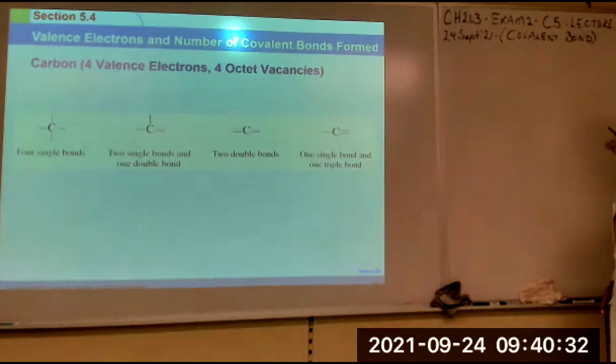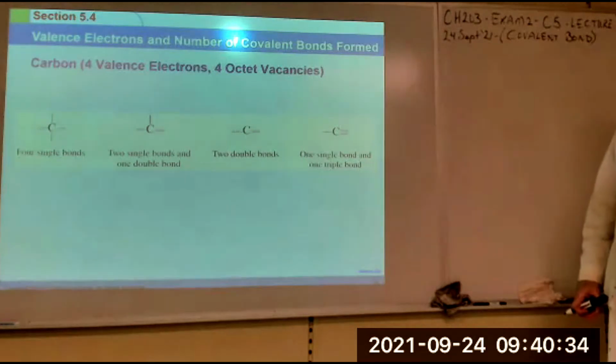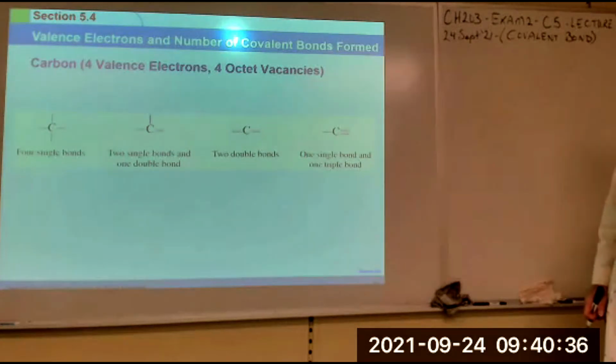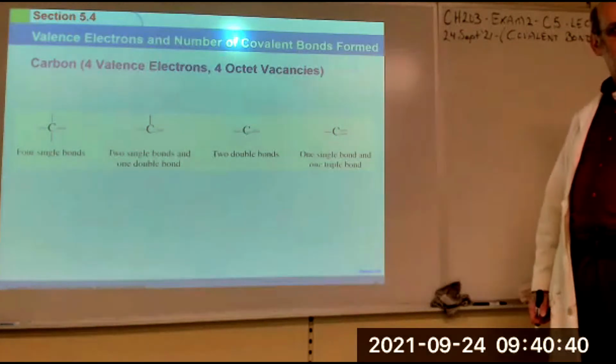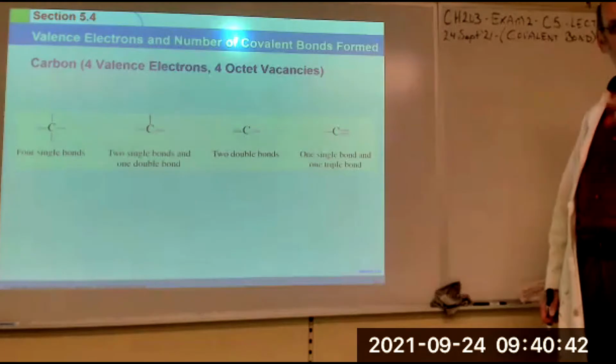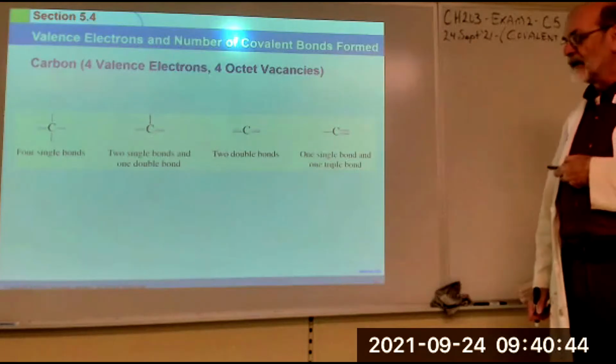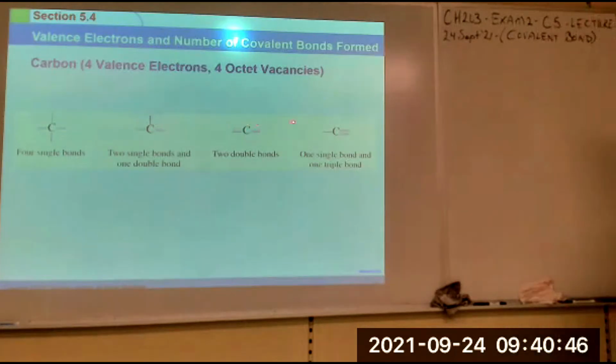This is probably why organic chemists can make a living on just the behavior of 1 element, carbon, because it can form 4 different types of bonds: 4 singles, 2 singles and a double, 2 doubles, or a single and a triple.